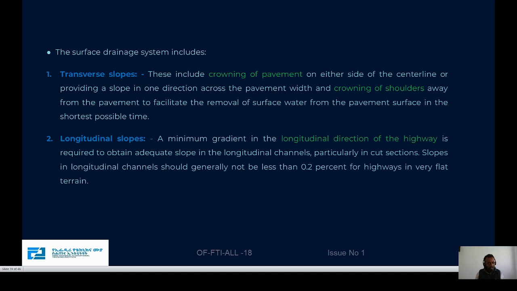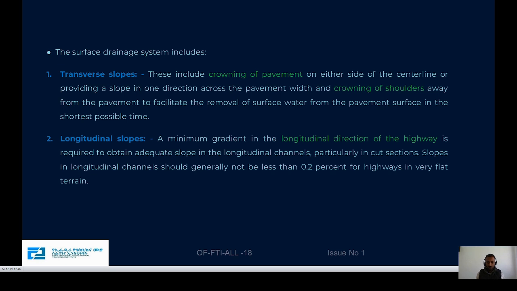The surface drainage structures include, first, transverse slopes, mostly provided on the pavements. It is called camber, and it also includes the crowning of pavements. From the center line to the edge the slope is downwards.